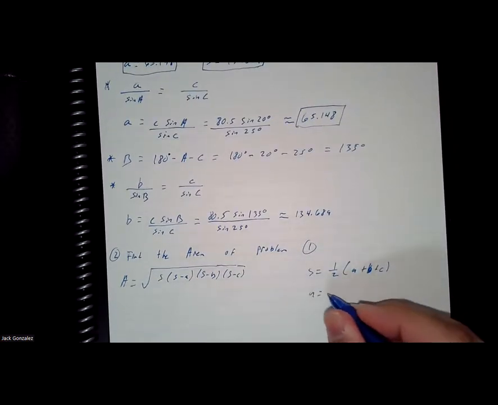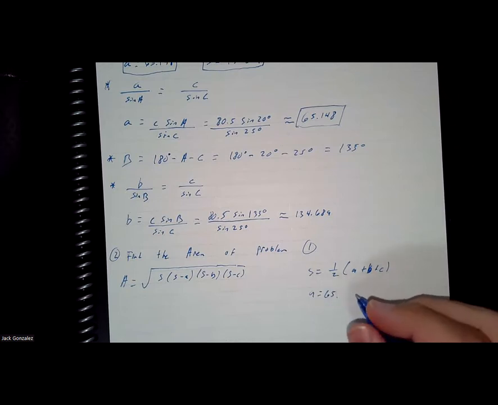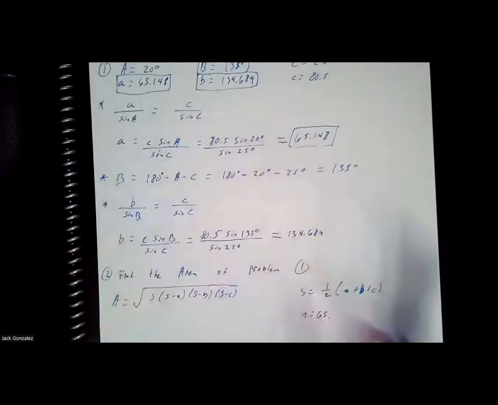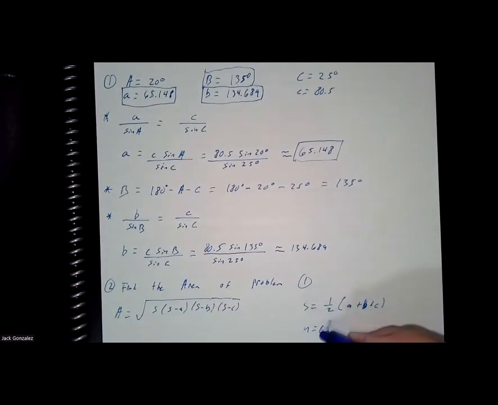So our A is 65 point. I'm gonna just round to a single decimal. Well, you know what? That's fine. It's okay.